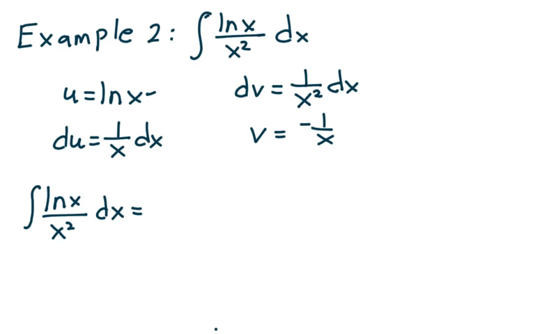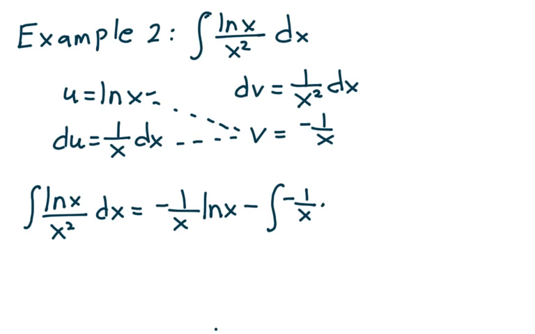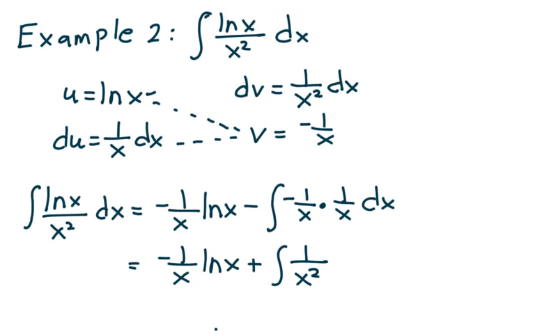So this is going to be uv, which is negative 1 over x, ln of x, and we're going to subtract the integral of v du, which is negative 1 over x times 1 over x dx. And so this is negative 1 over x, ln of x, plus the integral of 1 over x squared dx. When you subtract a negative, you add.